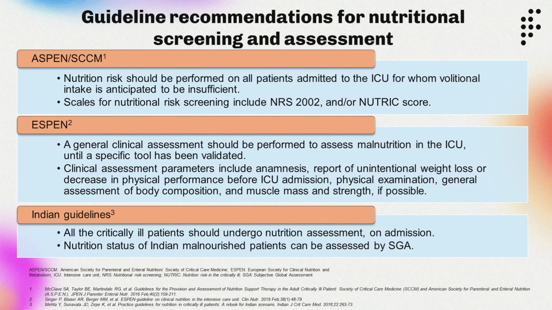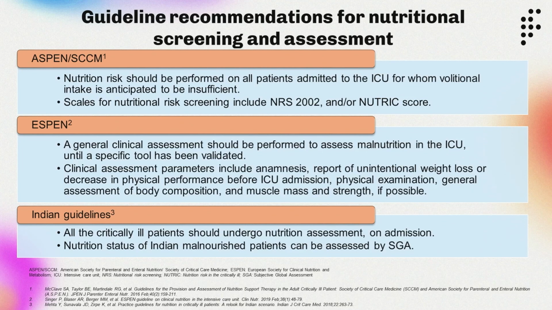According to ESPEN, a general clinical assessment should be performed to assess malnutrition in the ICU until a specific tool has been validated. Clinical assessment parameters include anamnesis, report of unintentional weight loss or decrease in physical performance before ICU admission, physical examination, and general assessment of body composition and muscle mass and strength if possible.